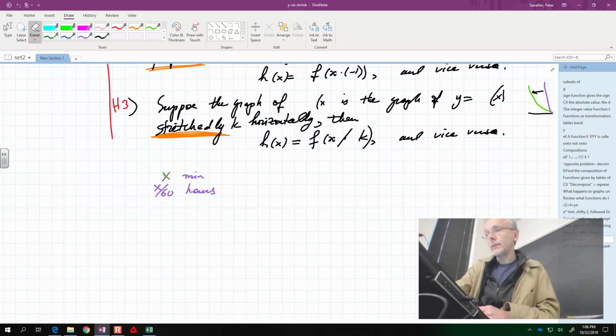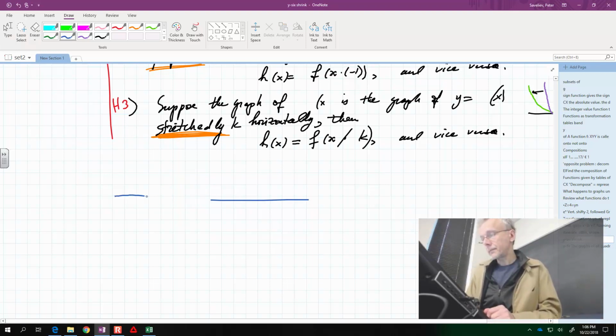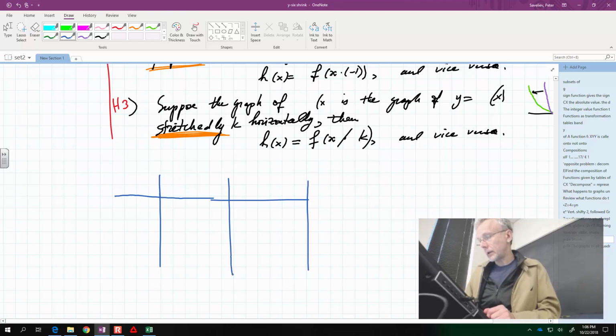And I'd like to try to put it in a table. So if we have horizontal and vertical transformations, the table is not really that big. So the vertical is the simpler one. It is the one that is about y, and horizontally about x.